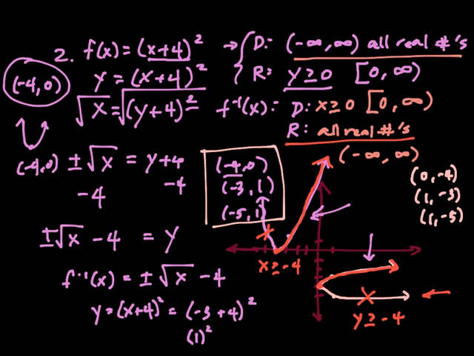Okay? So how do I write that? So the original function was f of x equals (x plus 4) squared. And we identified that the vertex was -4, 0.